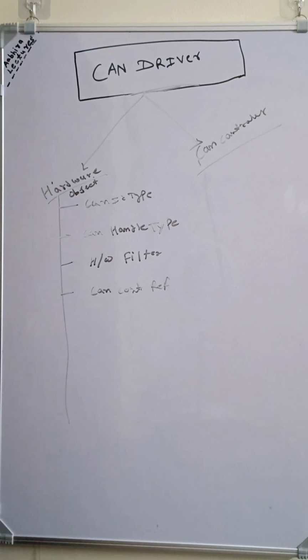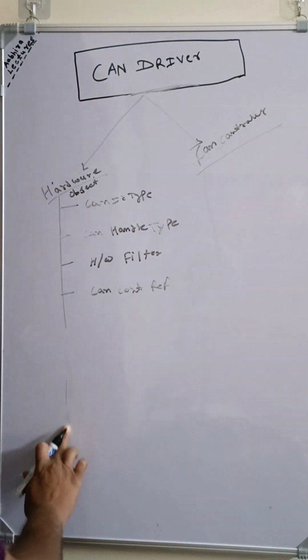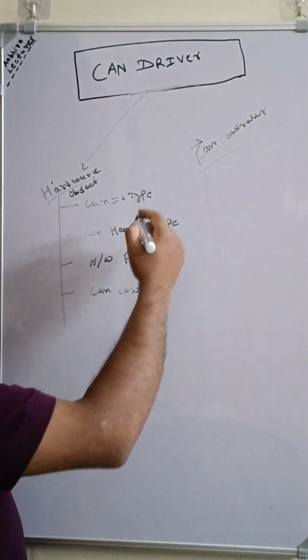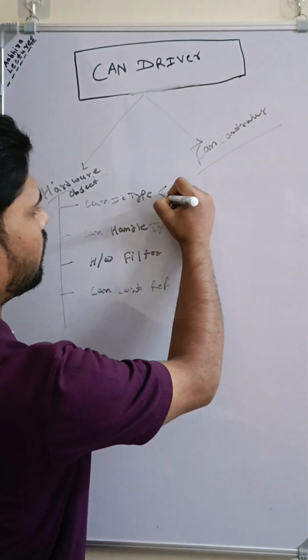So these are the main parameters we have to configure. We will see what parameters come inside each of them.